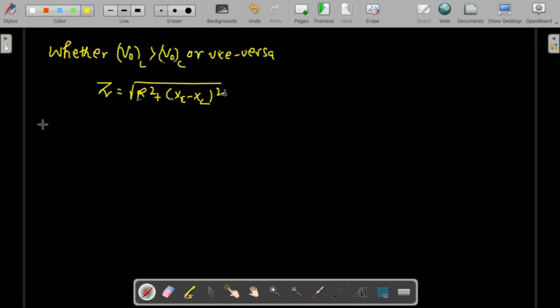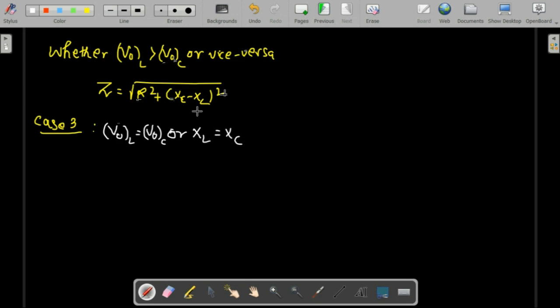This brings us to case 3. Case 3 would be that both of them are equal. So that means we can say that V naught L is equal to V naught C, or XL is equal to XC.